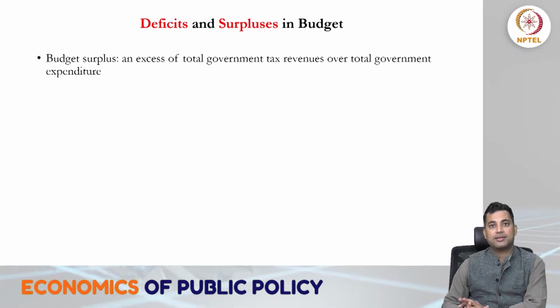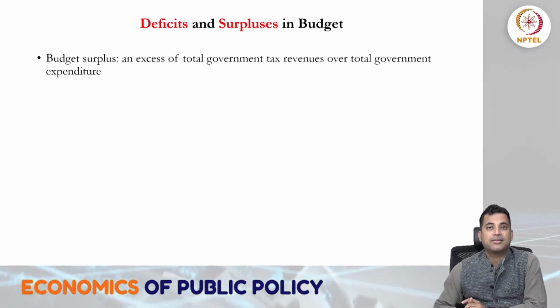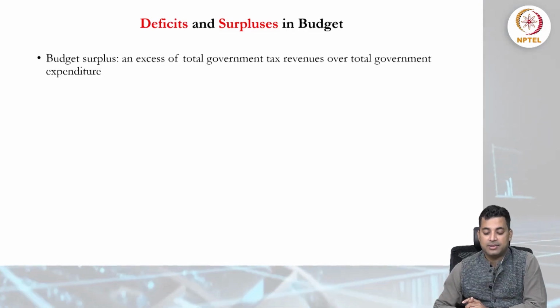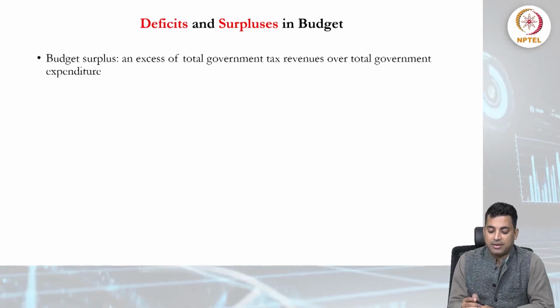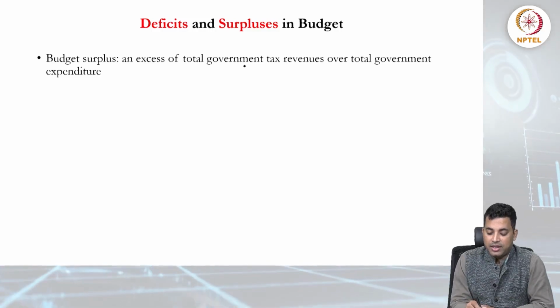In the case of a budget surplus, there is an excess of total government tax revenue collections, the total T that we already introduced.